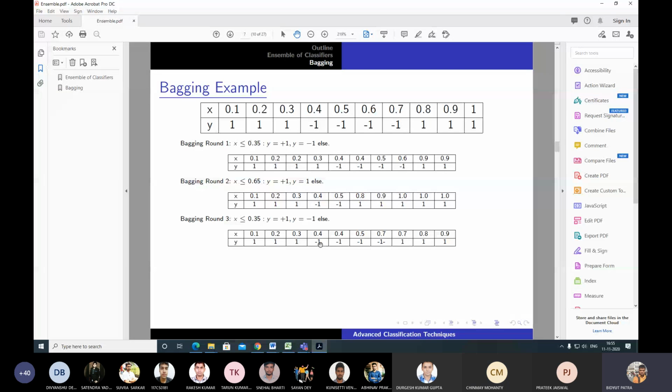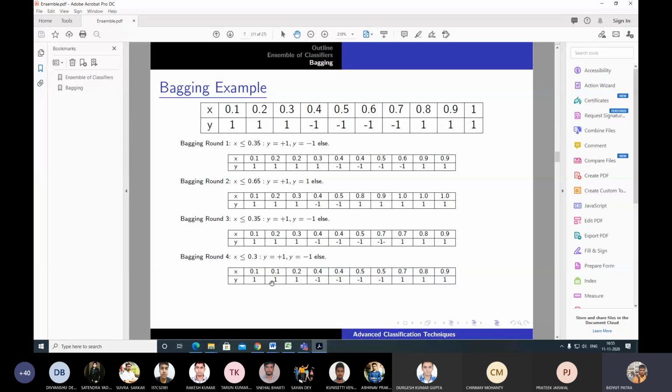So that is the model. Now you go for another bagging round. You find the bagging values: x less than or equal to 0.3 is positive, otherwise negative. x less than or equal to 0.8 somewhere here is positive, the rest is negative, but these 3 will make a mistake, right?